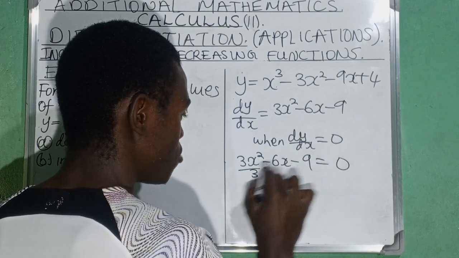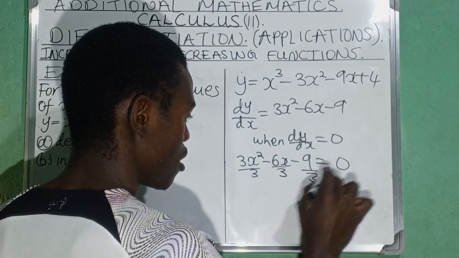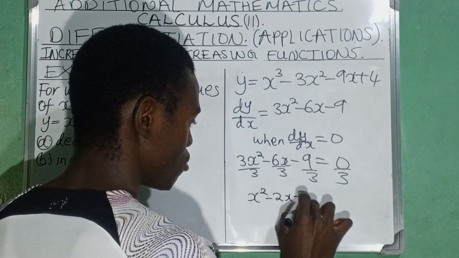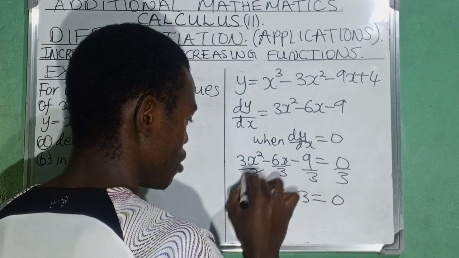We divide throughout by 3. We're going to have x squared minus 2x minus 3 is equal to 0.